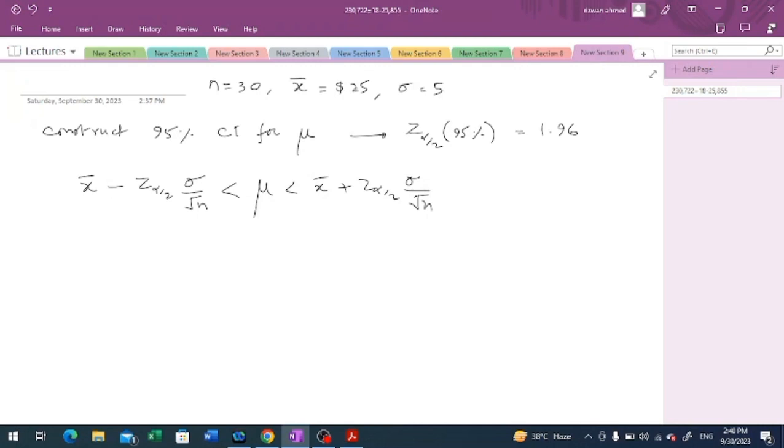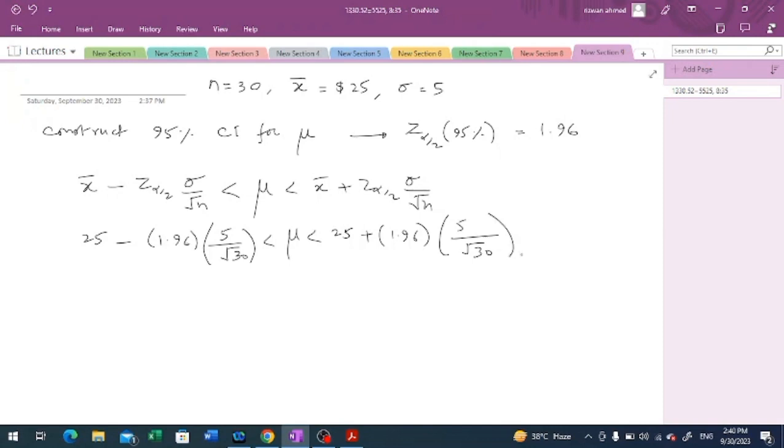Now, substituting the values in the formula: in place of mean 25, in place of Z alpha by 2 1.96, then $5 divided by square root of 30, then $25 plus 1.96 times 5 divided by square root of 30.